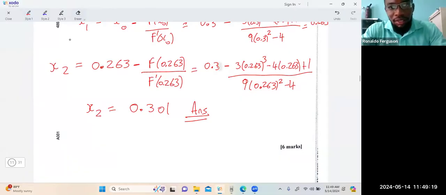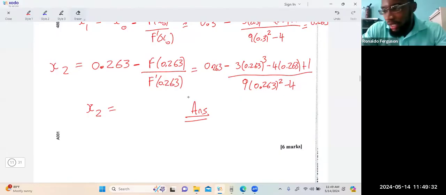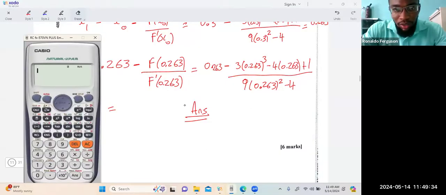Guys, if you're in the exam and you make that mistake, please be careful. This was supposed to be 0.263. Don't give away your marks, right? So the correct answer is 0.263. We want to ensure that we get somewhere close to 0.263.